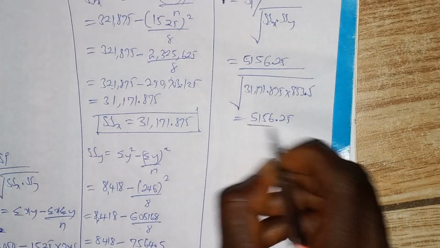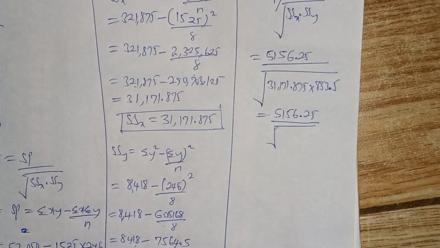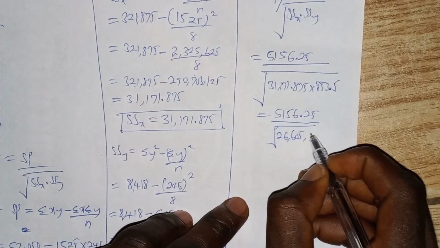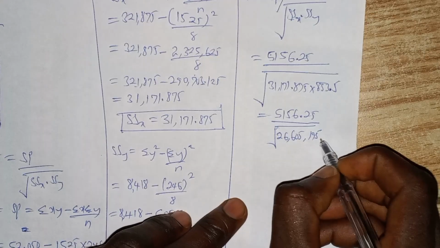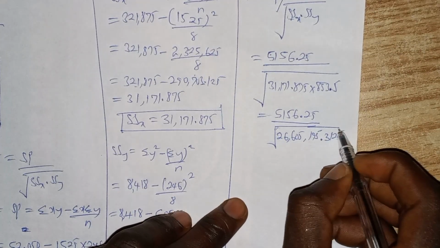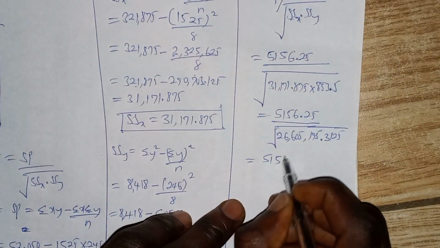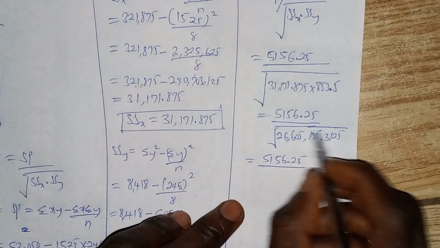5156.25 all over, this is 26,605,195.3125, right? All inside this square root. So this is 5156.25 as our numerator all over square root of the denominator.